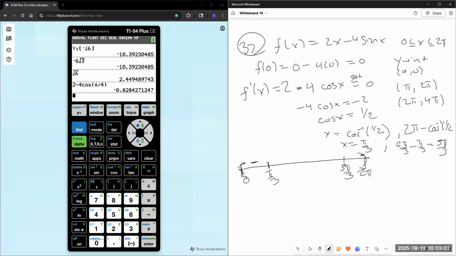Then I want something between pi over 3 and 5 pi over 3, so I'm going to go with pi over 2, which gives me a cosine value of 0. So this is going to be positive. And then something bigger than 5 pi over 3, I'm going to go with 11 pi over 6. So 4 cosine of 11 pi over 6 is also going to be negative there.